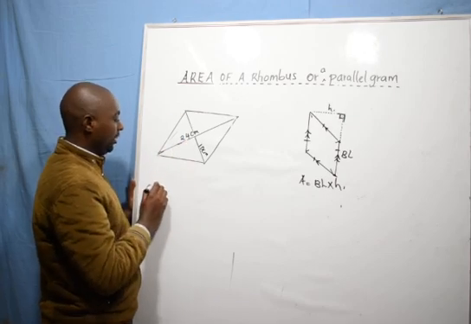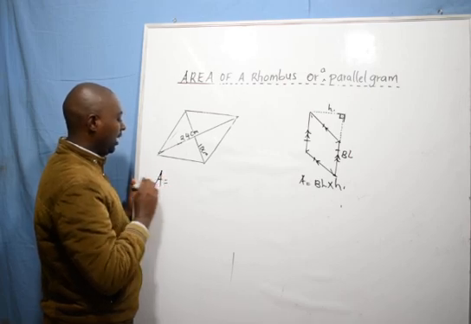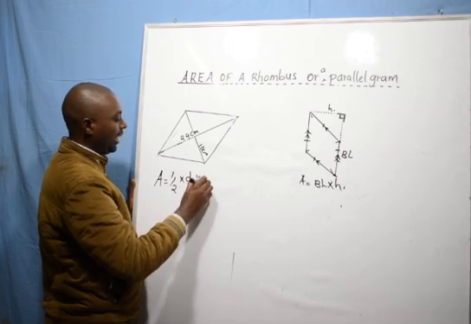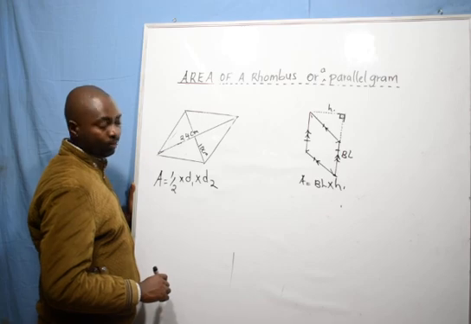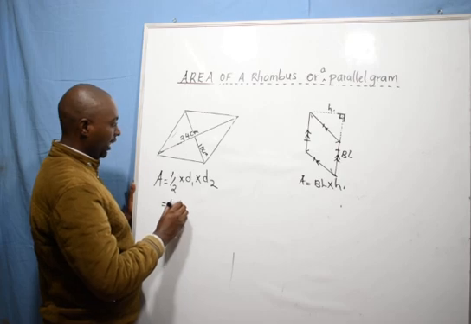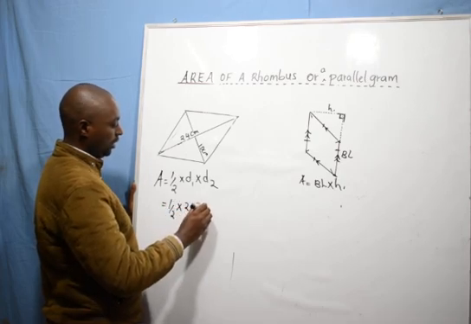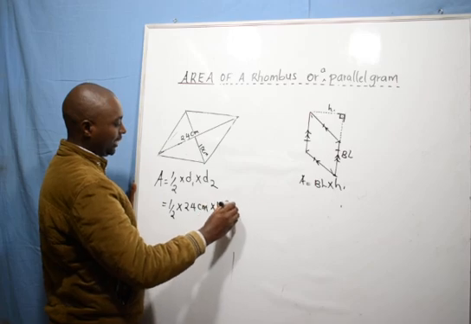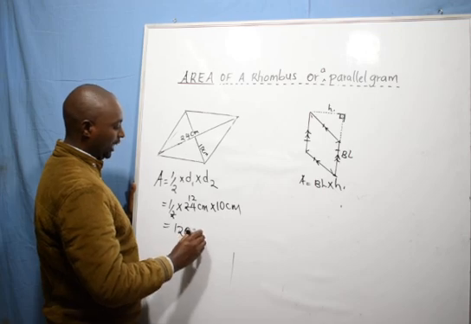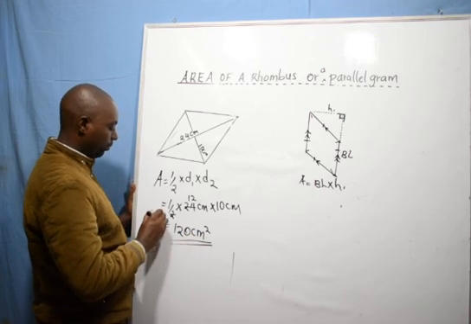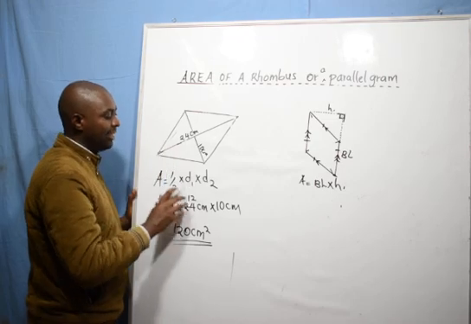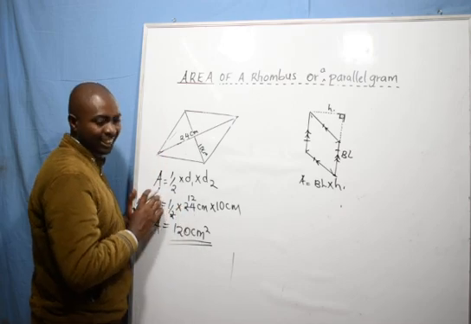To get the area of that rhombus, we simply say the area of that rhombus is a half multiplied by diagonal 1 times diagonal 2. So you simply say that it is a half times 24 centimeters, diagonal 1, times 10 centimeters. Half of 24 is 12. You get that the area of that figure is 120 centimeters squared. So the short formula is a half diagonal 1 times diagonal 2. And this formula is only applicable to a rhombus.